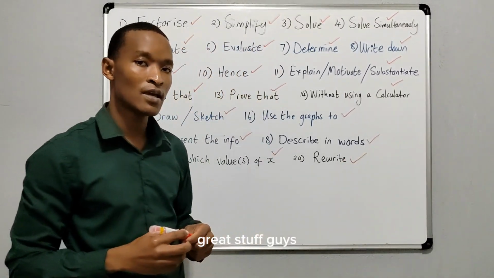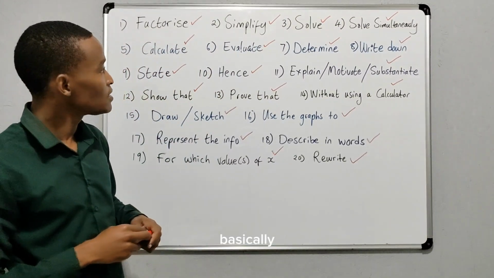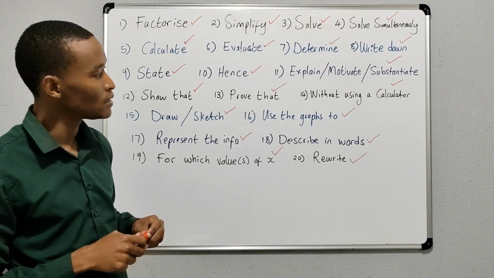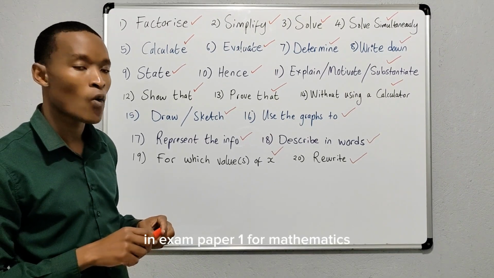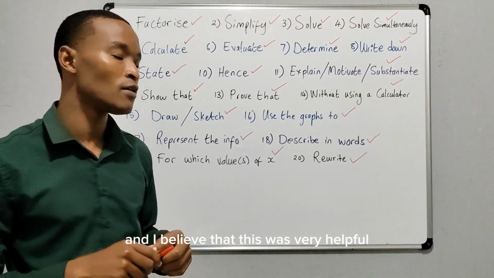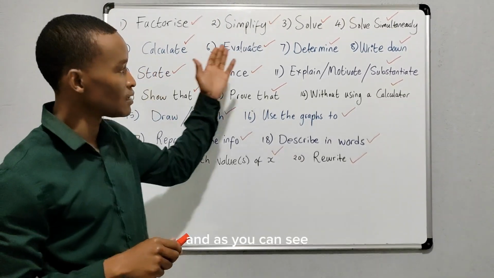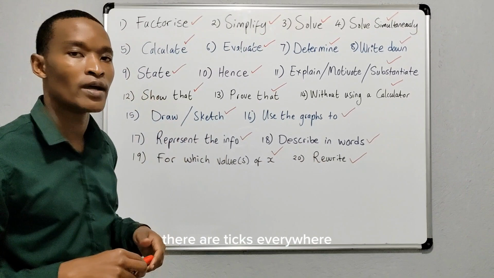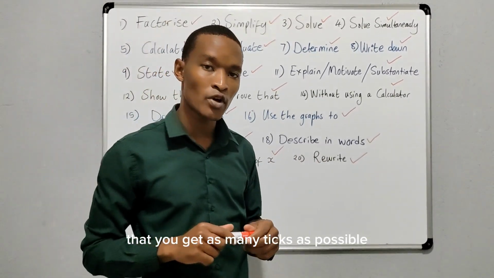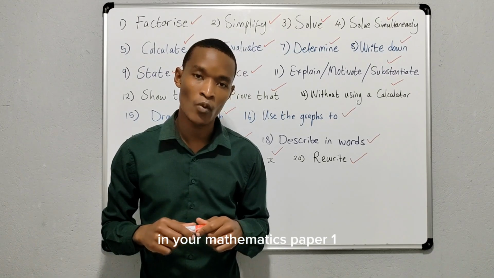Great stuff, guys. So basically, these are the keywords that you will find in exam paper 1 for mathematics, and I believe that this was very helpful. And as you can see, there are ticks everywhere, and that is what I wish for you, that you get as many ticks as possible in your mathematics paper 1.